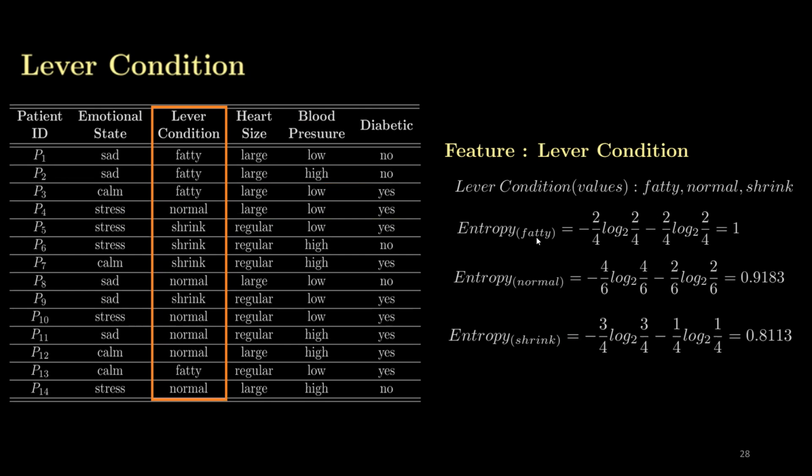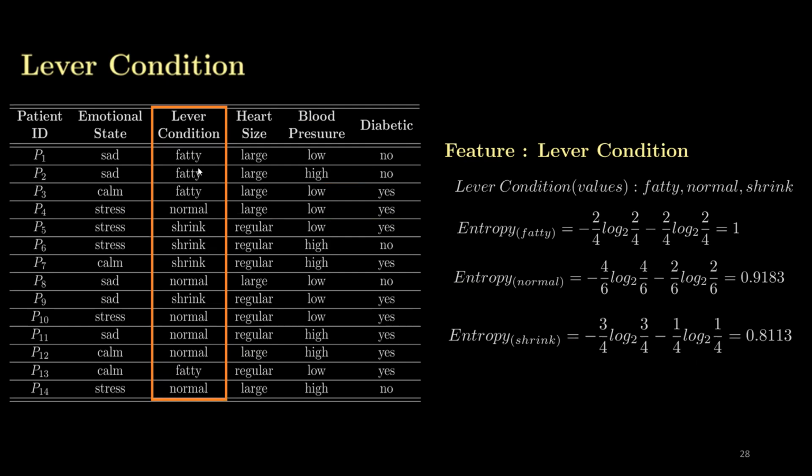Now, how many times does the word fatty appear in the column of liver condition? It appears 4 times: 1, 2, 3, and 4. How many times does it appear with the column yes and no? If we see, it appears with yes 2 times, and it also appears with label no 2 times.